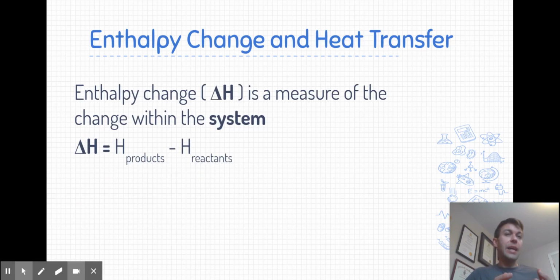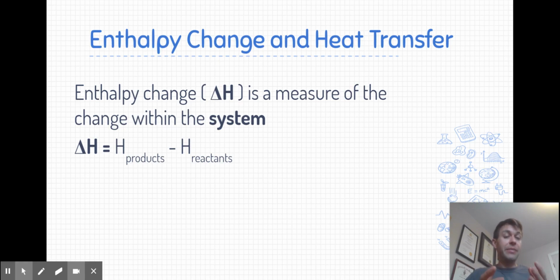So delta H is an approximation of the change in internal energy. Specifically, it's talking about a change within the system. So right now, when we're talking about the enthalpy change, it is talking about the perspective within the chemical system.